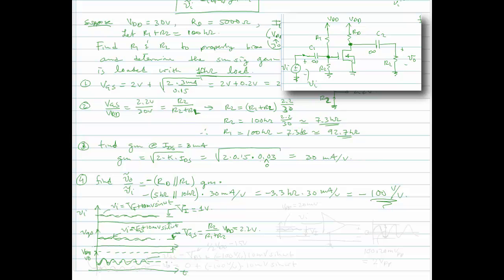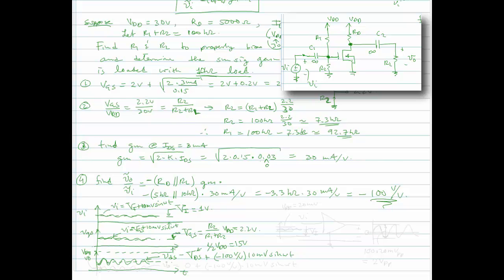So this is VDS, sorry, not VO yet, this is VDS, the voltage at the drain, which will be equal to big VDS, which we solved to be 1/2 of VDD, or 15 volts, plus our minus 100 volts per volt times our 10 millivolts sine omega t.